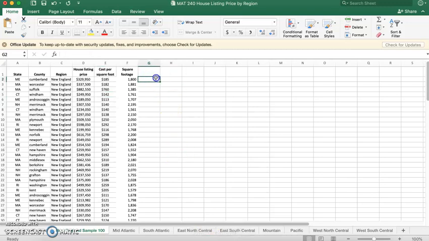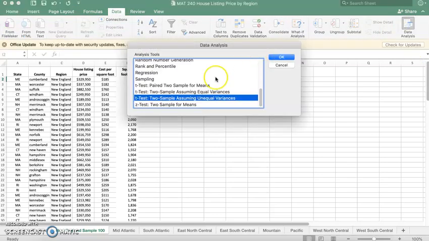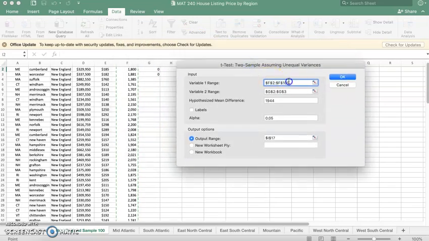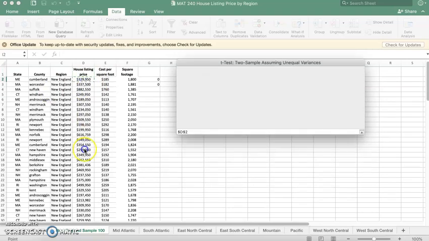The easiest way to do this, since we're looking at the mean, is to just use the data analysis package. Remember, we create that dummy variable right here so that we can go into data analysis. We're going to select t-test two-sample assuming unequal variances, and start with the listing price.